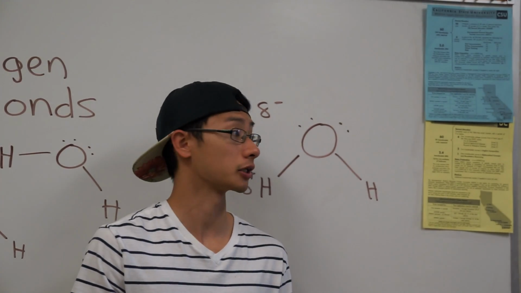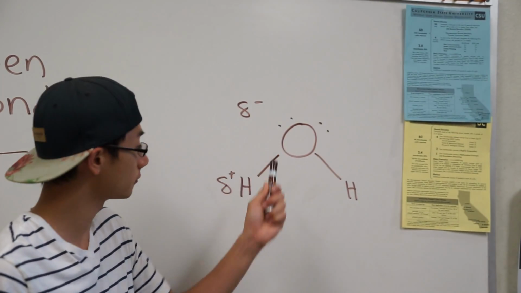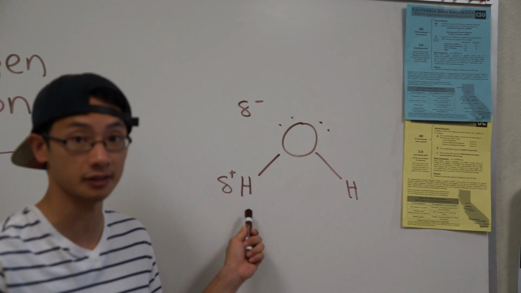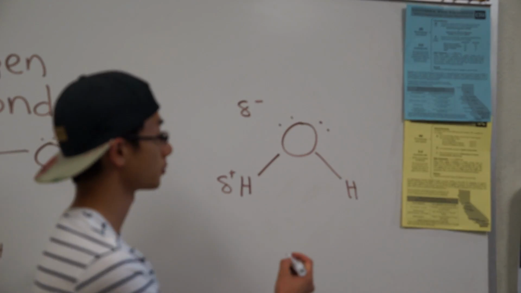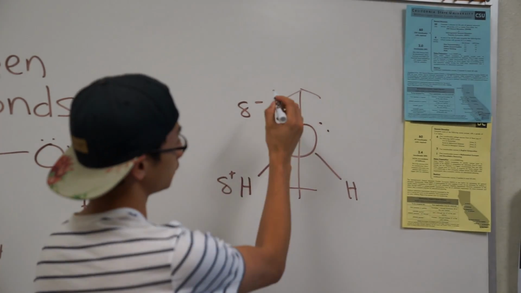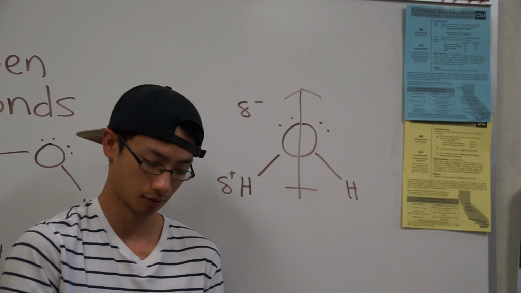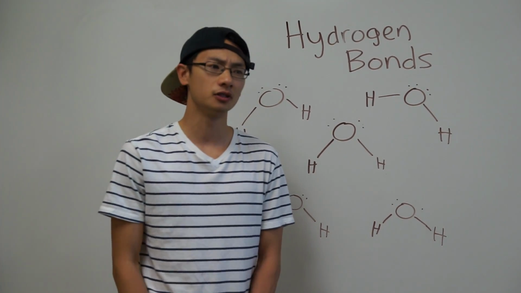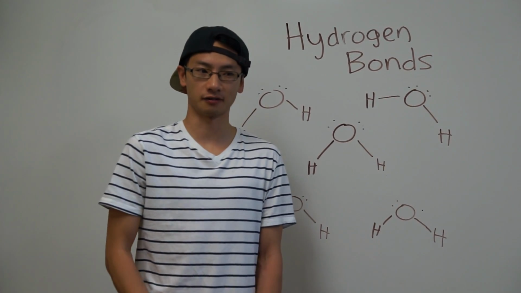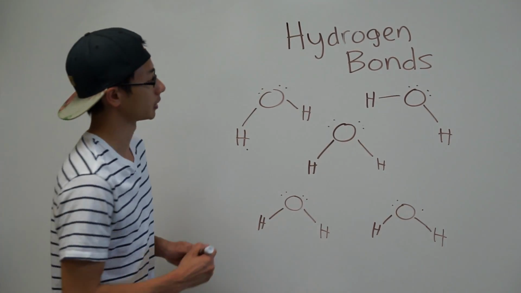Let's look at a water molecule. Oxygen is going to be a partial negative, while hydrogen is going to be a partial positive. So this creates a permanent dipole moment going this way, with negative on top and positive towards the hydrogens. Do you ever wonder why water doesn't just evaporate off of Earth? Well, it's because of hydrogen bonds.